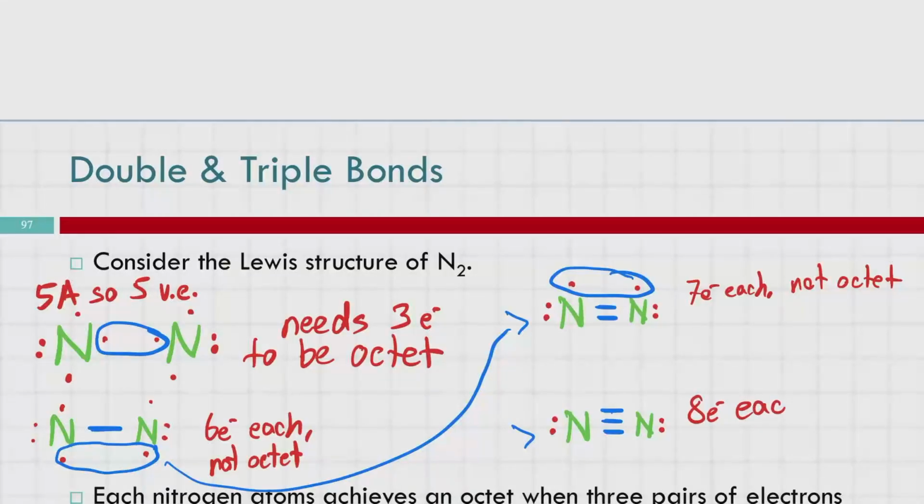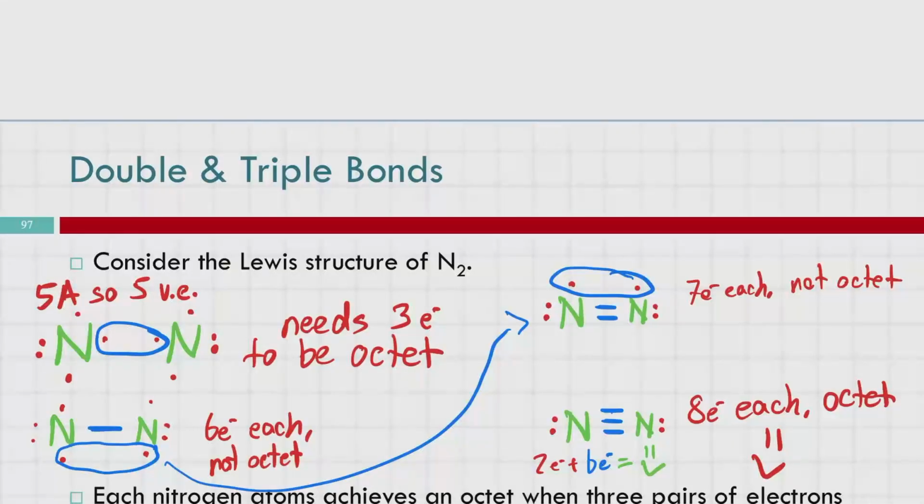Now they've got 8 electrons each, which is an octet. 3 bonds, 2 electrons each, 6 electrons, plus lone pairs. 1 lone pair each, 2 electrons plus 6 electrons, 8 electrons.